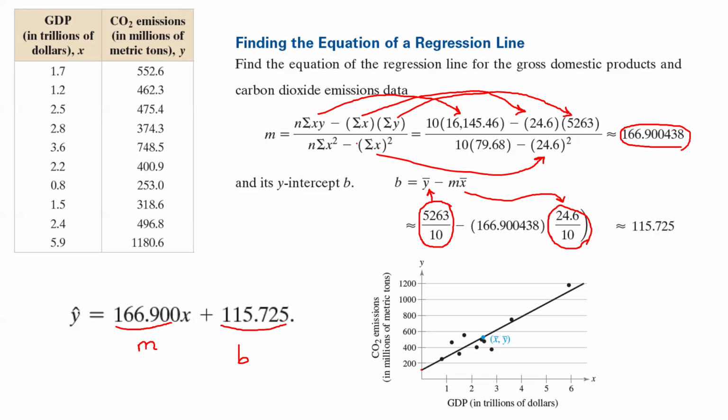So again, we need to follow these formulas to do the calculation for m and b. Then you punch them here, and then your y hat, or the regression line, can be written as 166.900x plus 115.725. And this is the visualization.